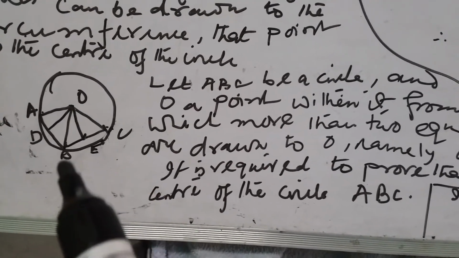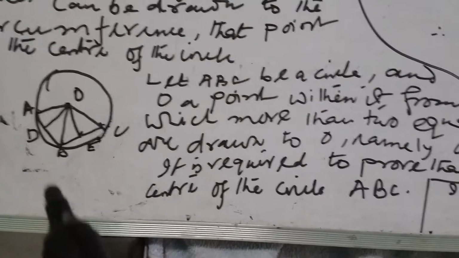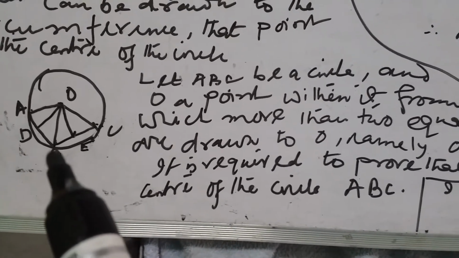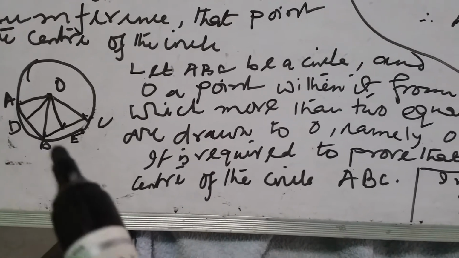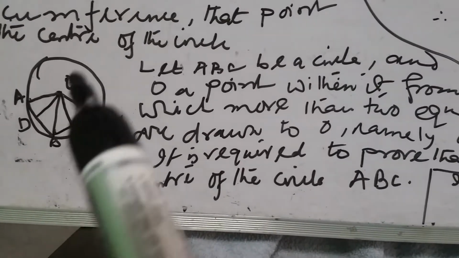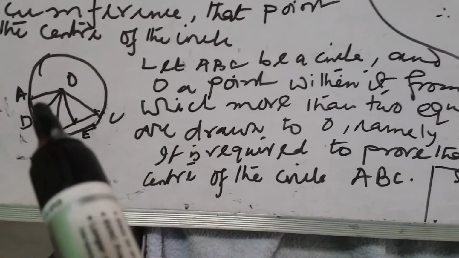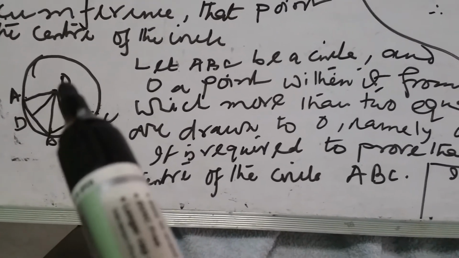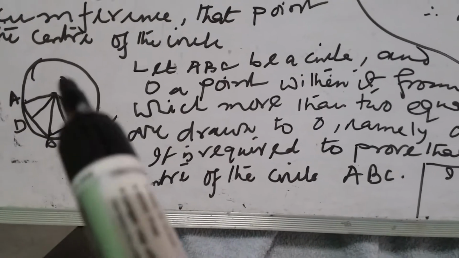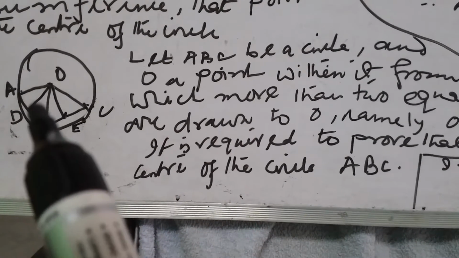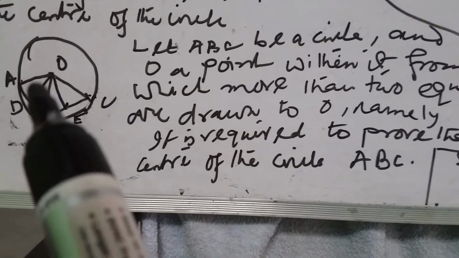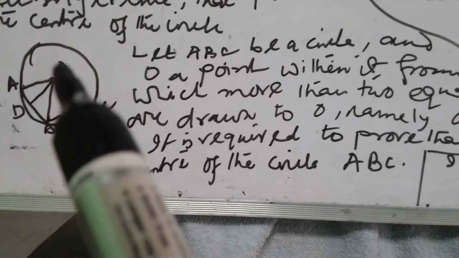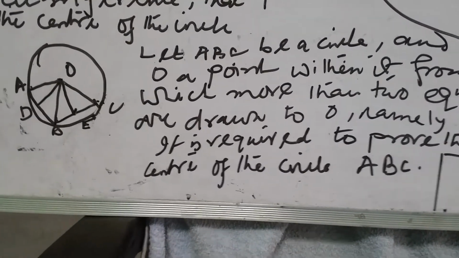OA is equal to OB by the statement of the theorem, AD is equal to DB by construction, and OD is the common side, hence the two triangles OAD and ODB are congruent, and hence ODA and ODB are right angles.